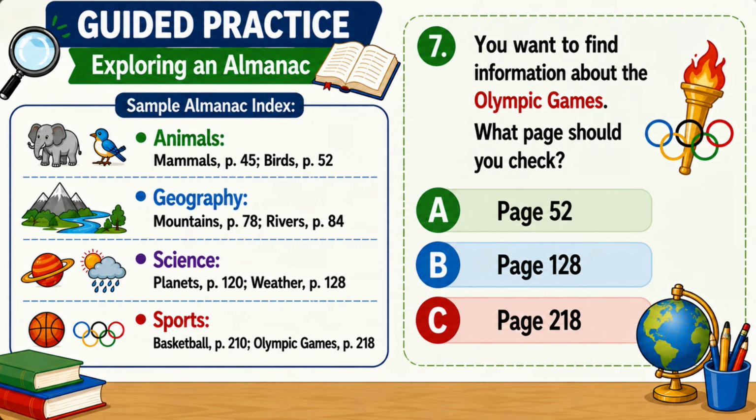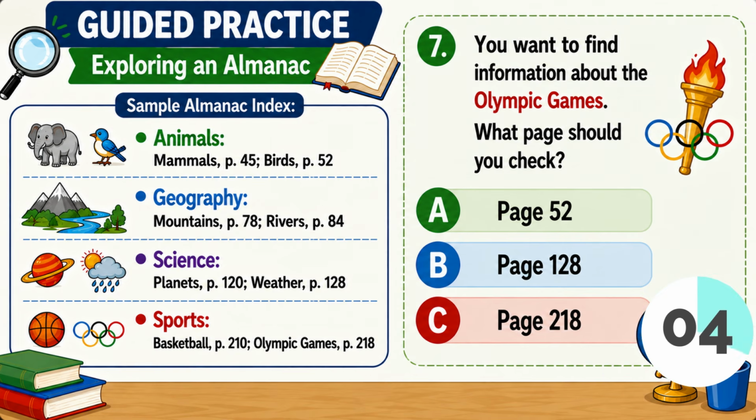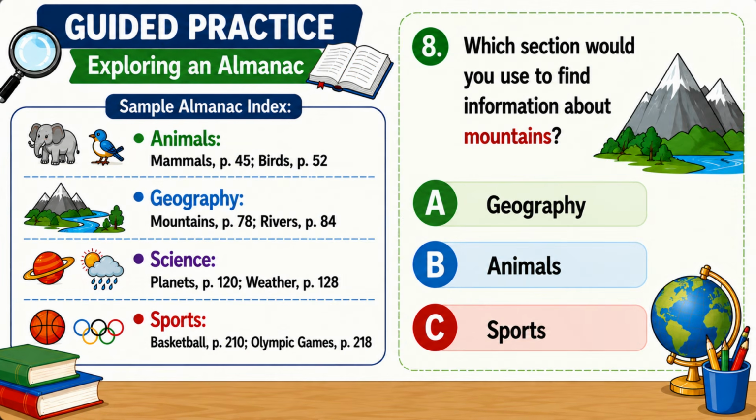Number 7. You want to find information about the Olympic Games. What page should you check? A. Page 52. B. Page 128. C. Page 218. Number 8. Which section would you use to find information about mountains? A. Geography. B. Animals. C. Sports.